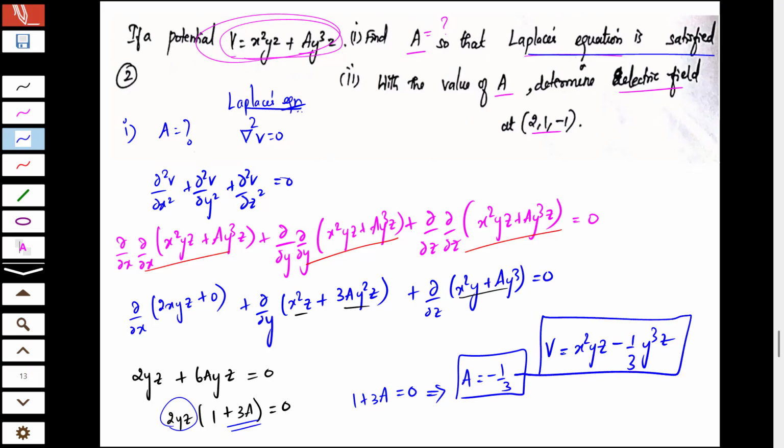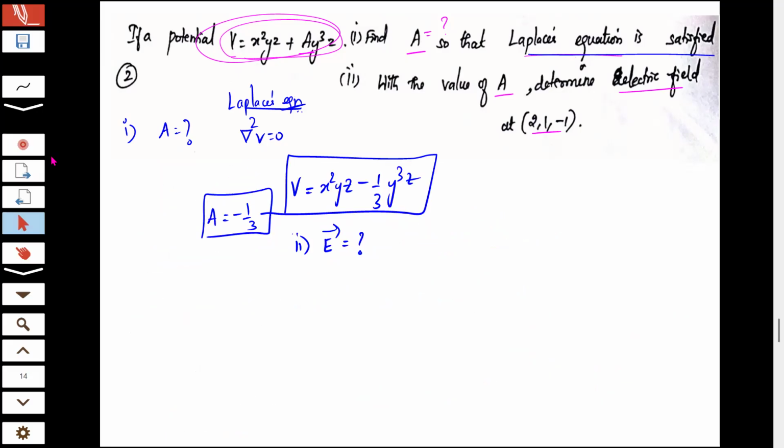Now making use of this, in the second subdivision, you need to find the electric field vector. So we will make use of this potential function V and find the electric field vector in this case. Now we have got the value of a as minus 1 by 3, and thereby applying the value of a, we will get the potential function.